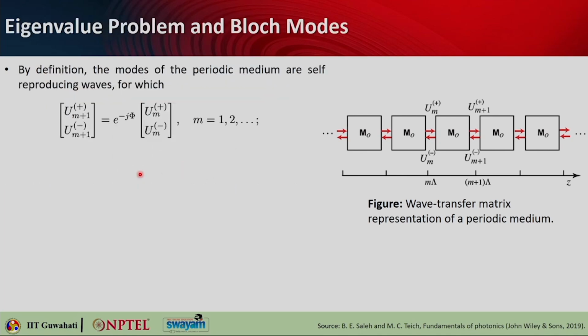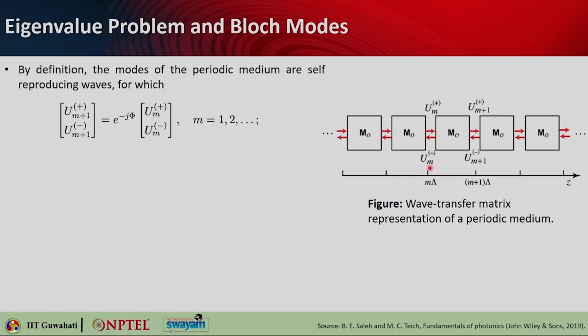Now, let us see how you obtain the eigenvalue problem and Bloch modes from this. By definition, the modes of the periodic medium are self reproducing. Why so? Because they maintain a particular phase relation.